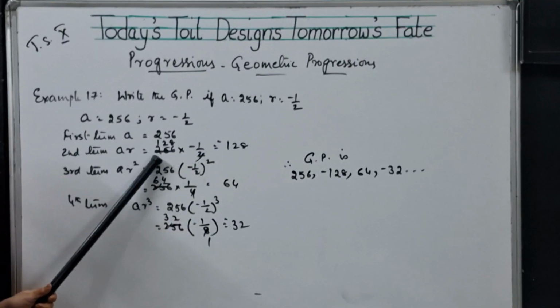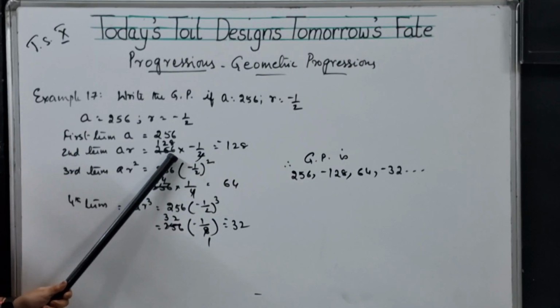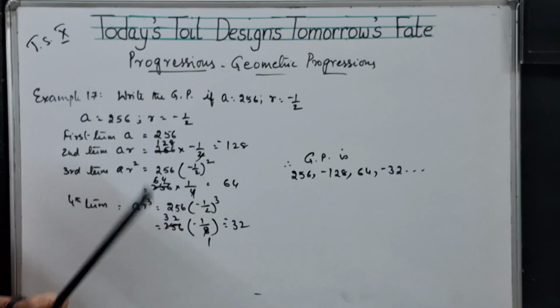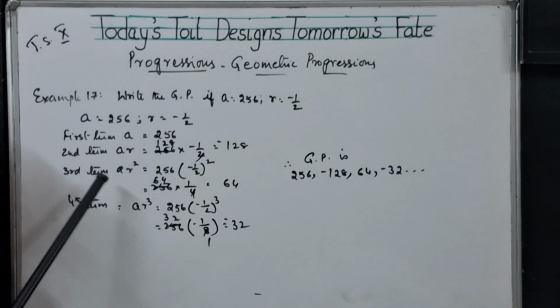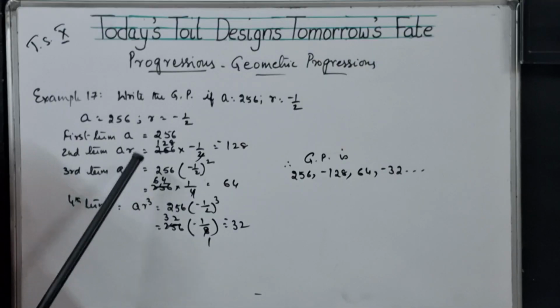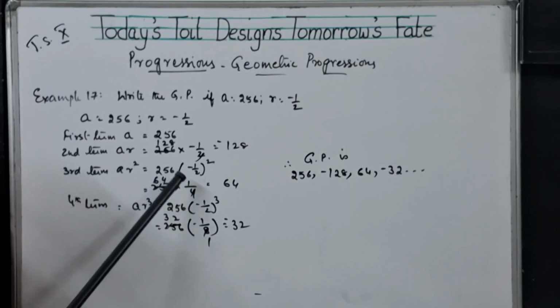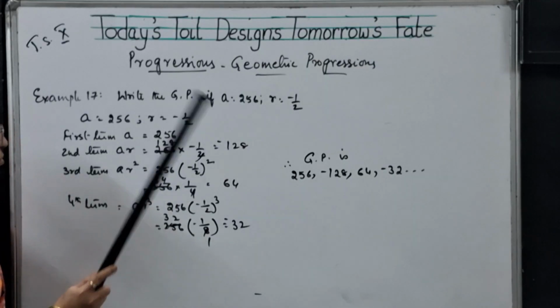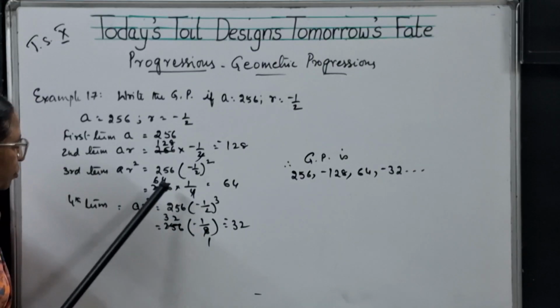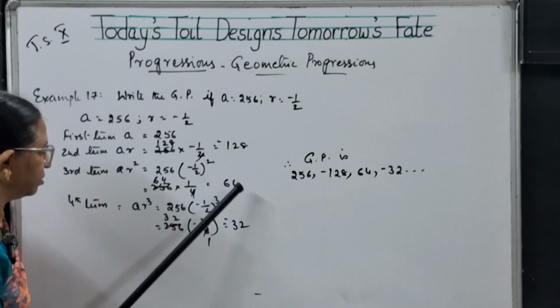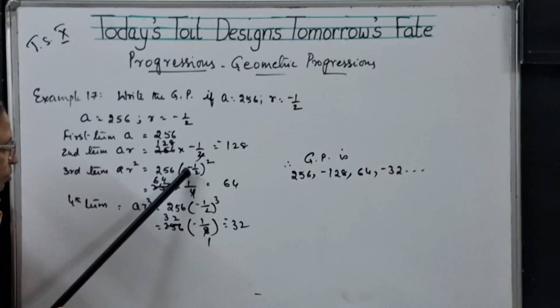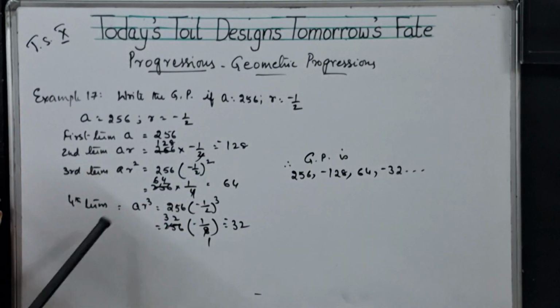So 2 ones are 2, 2 twos are 4, 2 eights are 16. So plus into minus, minus 128 we have got. And the third term formula is AR square, that is 256 into minus 1 by 2 whole square, that is 4, 6 fours are 24, 4 fours are 16. So we are getting 64, plus, because minus square means it becomes plus.